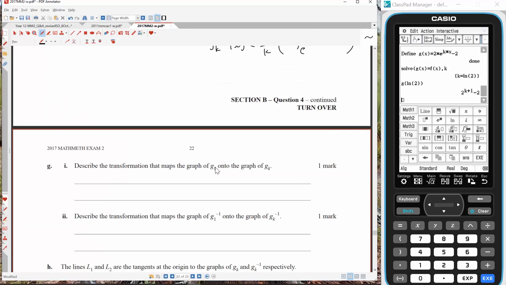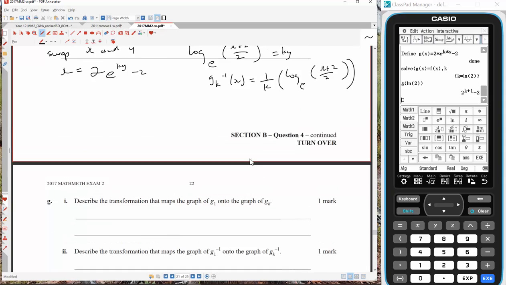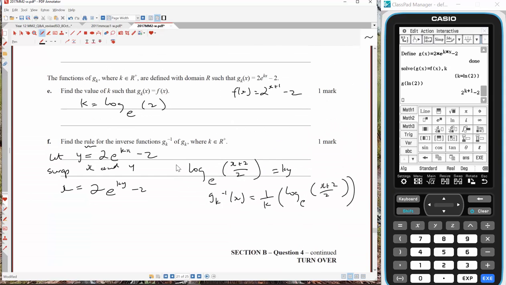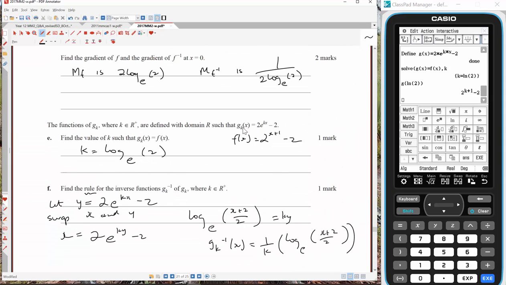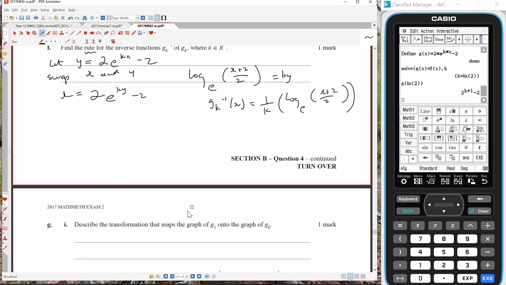Describe the transformation that maps g1 onto the graph of gk. So here's gk, and g1 is going to be 2e to the x take 2. So where we see k, we put 1. So what are we going from?